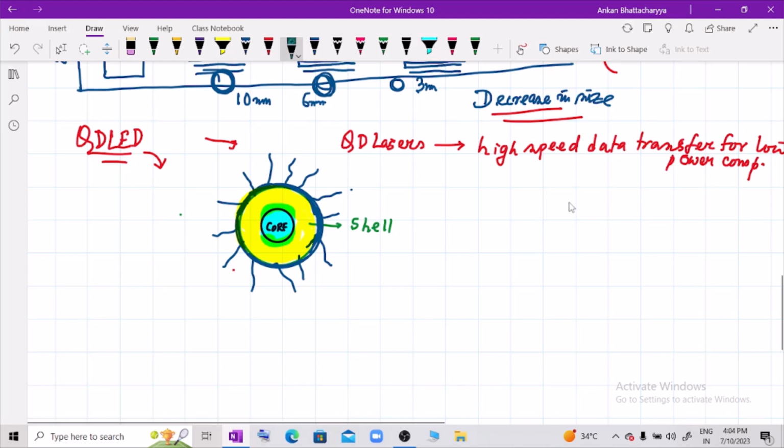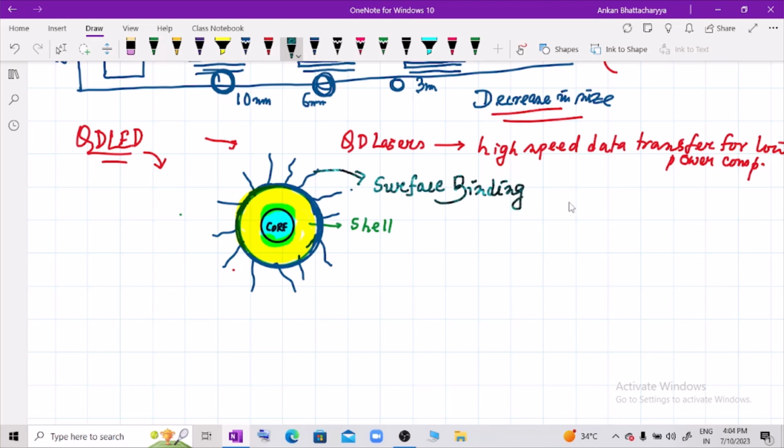So this is the complete figure. This is the surface binding ligand. This is the shell and this is the core.